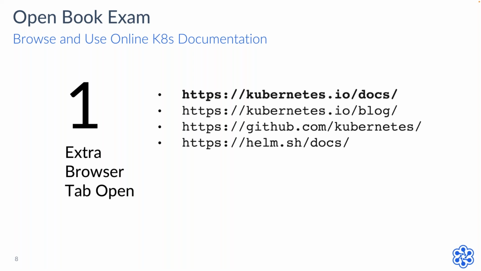Really, in the exam, you only need to access this one. The other ones are able to be accessed, but I found absolutely no requirement to use the bottom three. The first one is the core documentation site within the kubernetes.io domain. And as I'll show you later on, what you should do is bookmark relevant sections within that documentation.